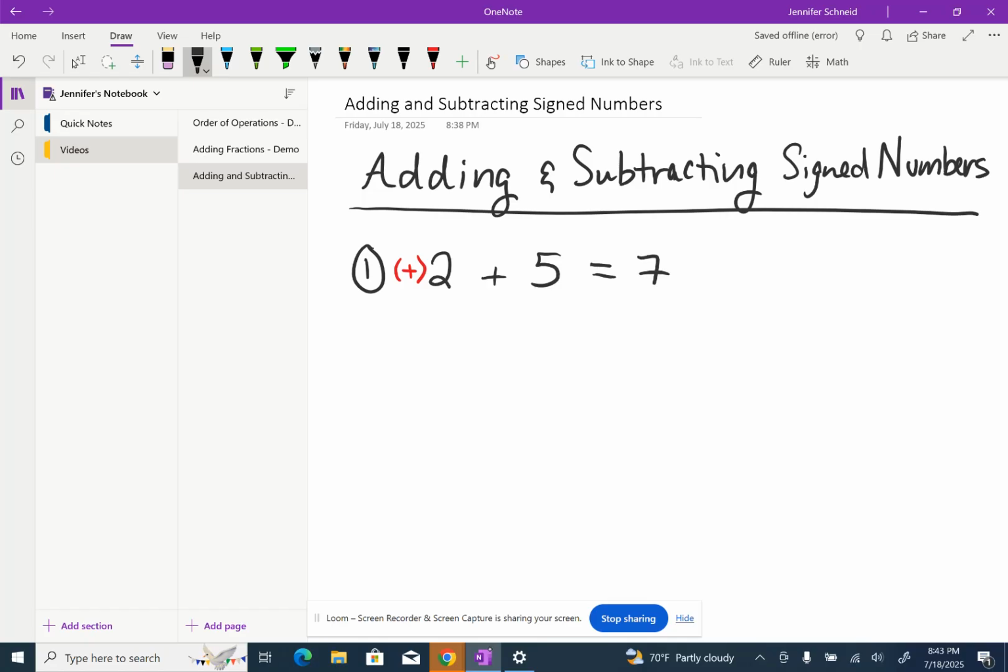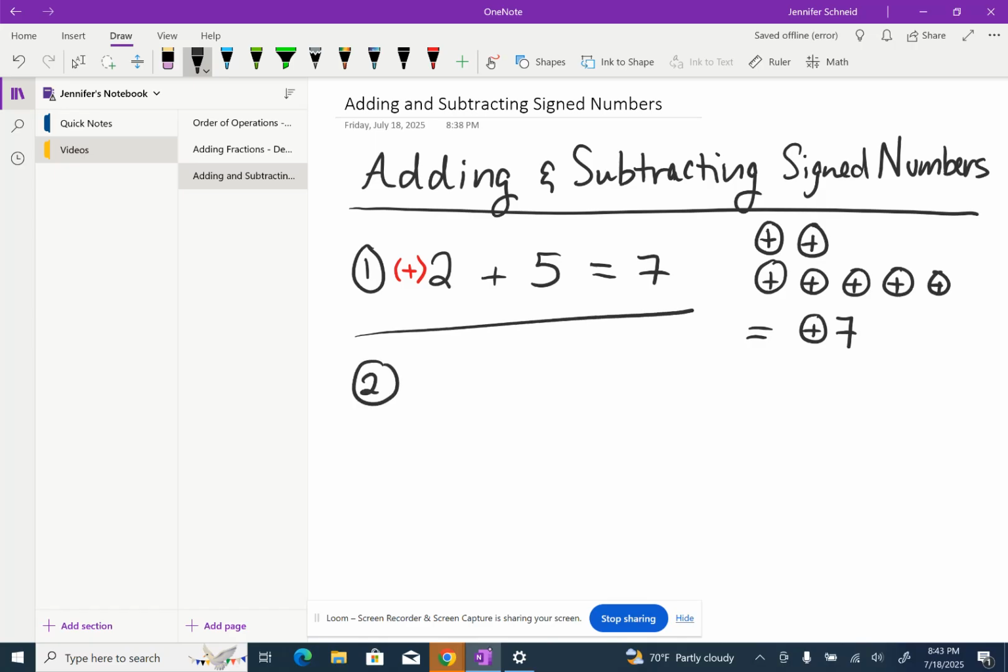Another way to think about it is if you have 2 positives and then you have 5 more positives, if you add them all up, you have 7 positive numbers or 7 positives. Okay, so that answer is 7.